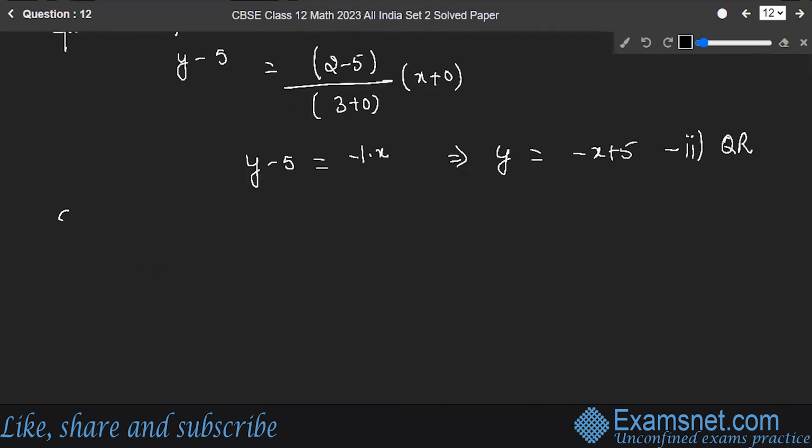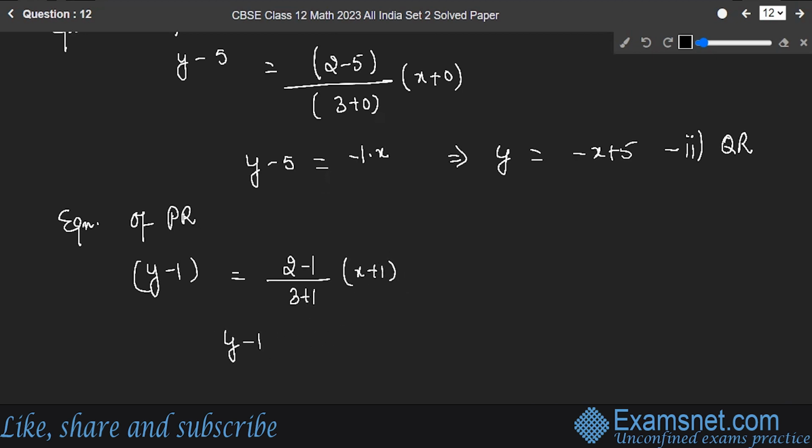Similarly, let's go on to form the equation of PR, same formula, y minus 1. Slope is given by the difference between the y coordinates divided by the difference between the x coordinates. So this is equal to 2 minus 1 upon 3 plus 1 multiply x plus 1.